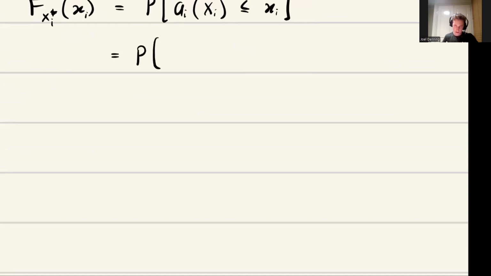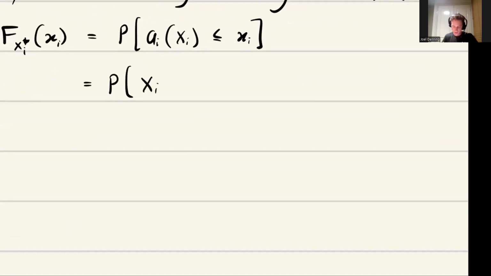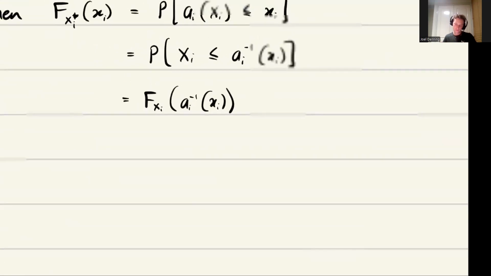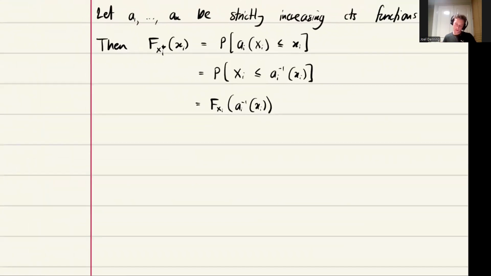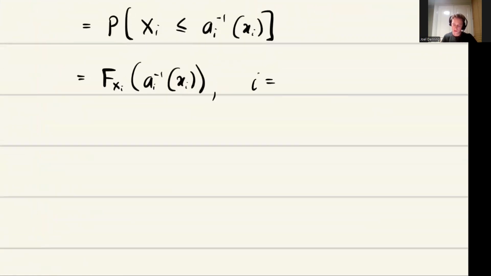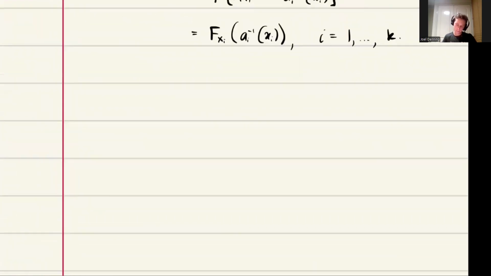If we take the inverse of both sides, we get big Xi is less than or equal to the inverse at that point. And that is just the CDF of our original Xi at this new point here, right? So that is going to help us a lot later on. And this result holds for i equals 1 up to k, right?